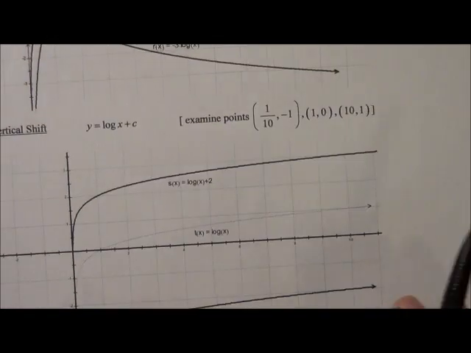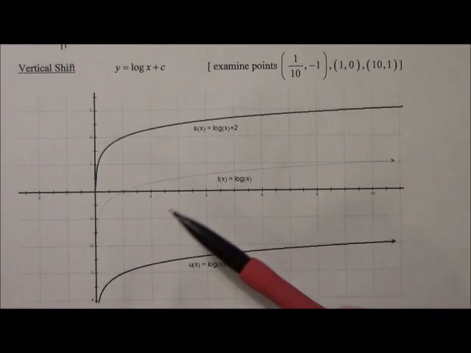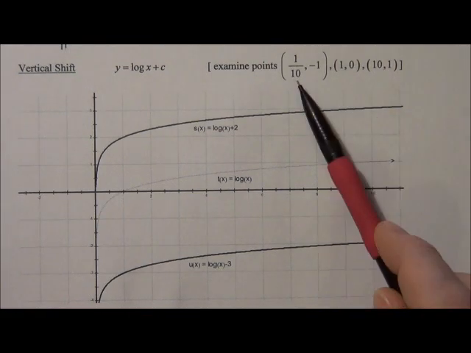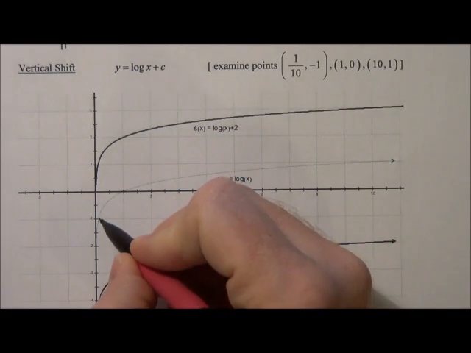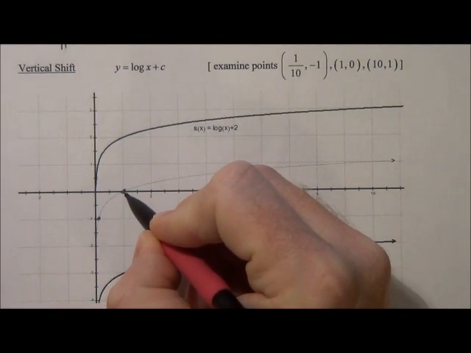And now we'll take a look at vertical shifts or vertical translations. Here's the original graph of log x. Again, we'll take a look at these 3 main points.